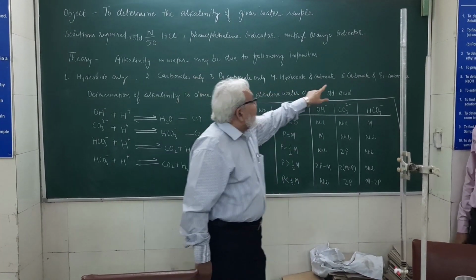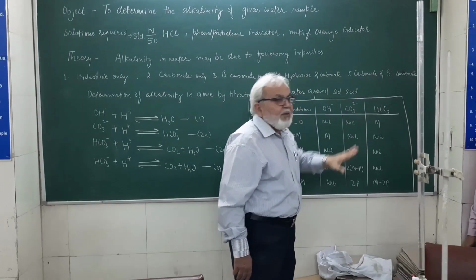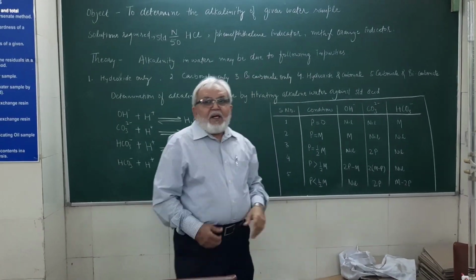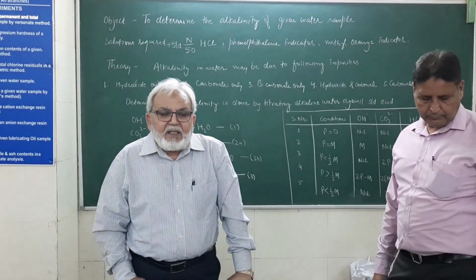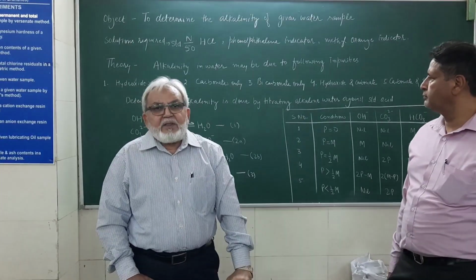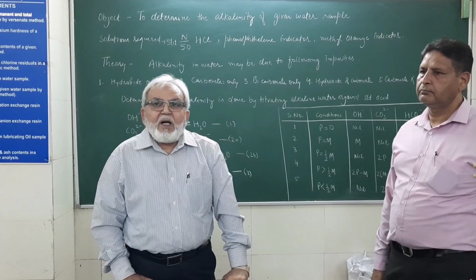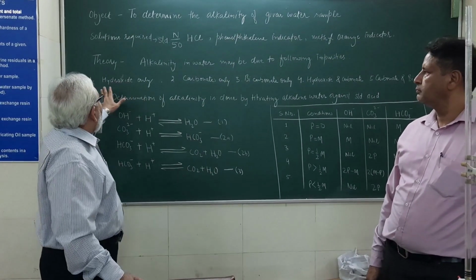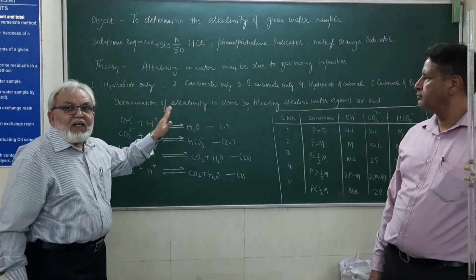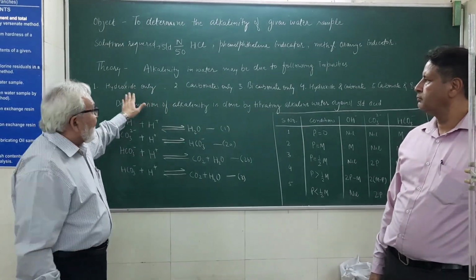And the fifth composition is carbonate and bicarbonate. Hydroxide and bicarbonate cannot exist together because they react to form carbonate. So we have 5 combinations due to which alkalinity may be present in water.